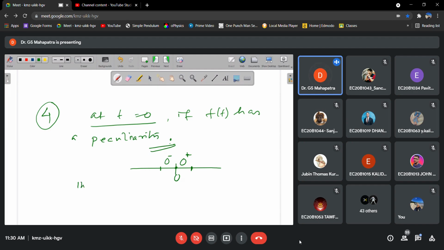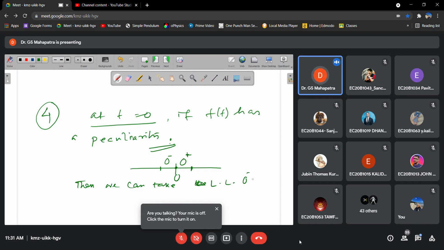Then we can take the limit, sorry, the lower limit, 0 minus or 0 plus. What is our intention?